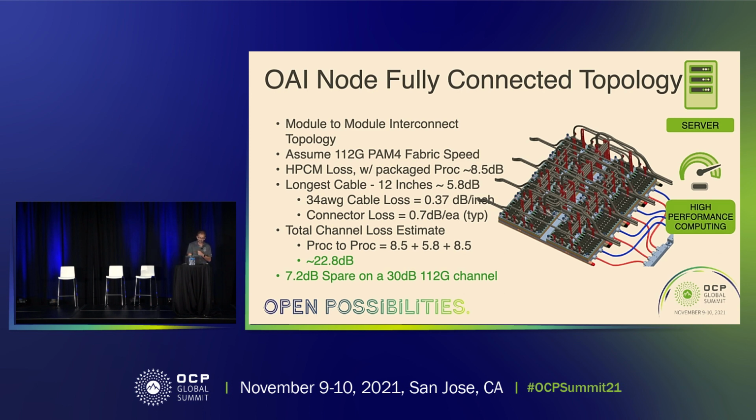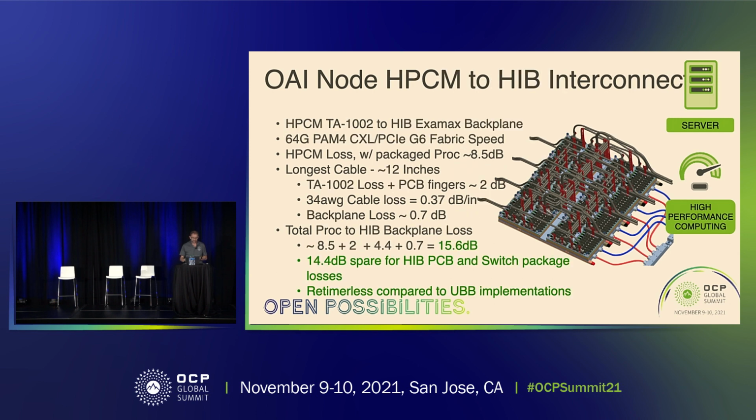The total channel loss on the worst case cable from processor to a neighboring processor would be 22.8 dB, which would give you a 7.2 dB spare on a 30 dB channel at 112 gig, right? That's absolutely fantastic news because they've been struggling, with new PCB materials, to try and get within the 30 dB budget.